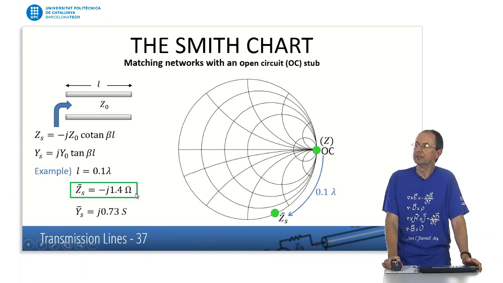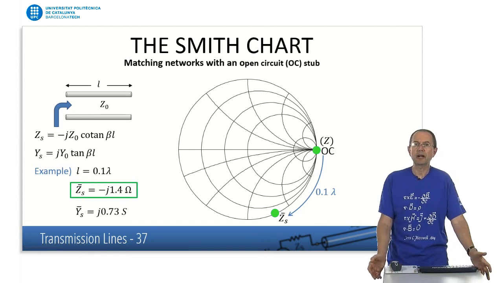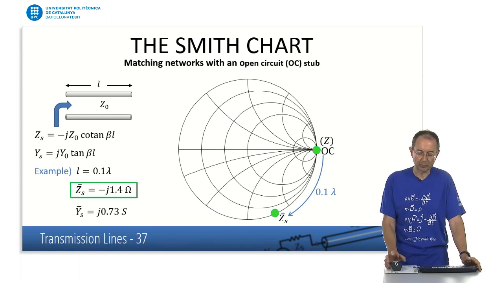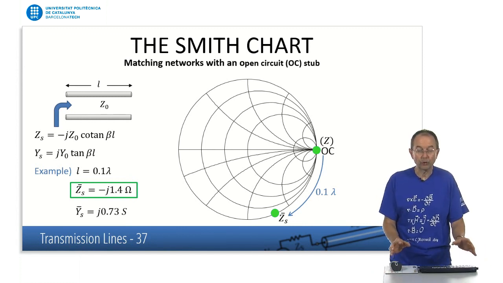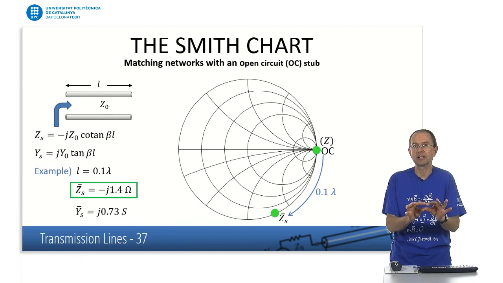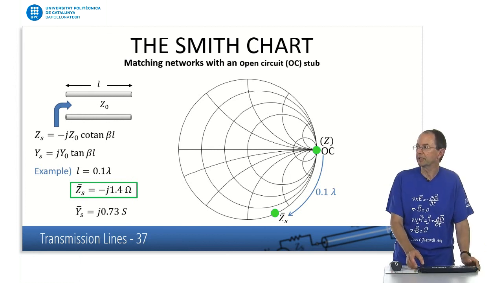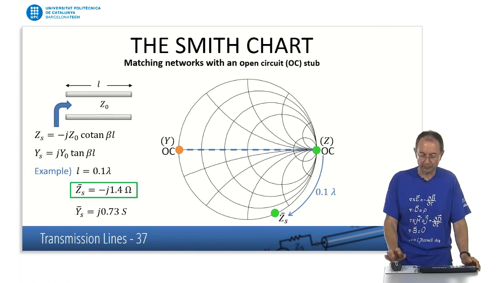What happens here is this impedance will have to be converted to admittance in order to be used in our example. Why admittance? Because when you connect two loads in parallel, the admittance of the resulting connection is just an addition. If you make the parallel connection with impedance, the calculation is not so straightforward, so it is practical to work in admittance when you have to connect something in parallel.